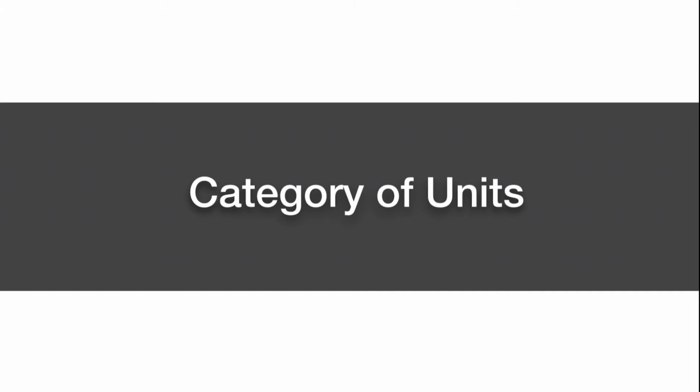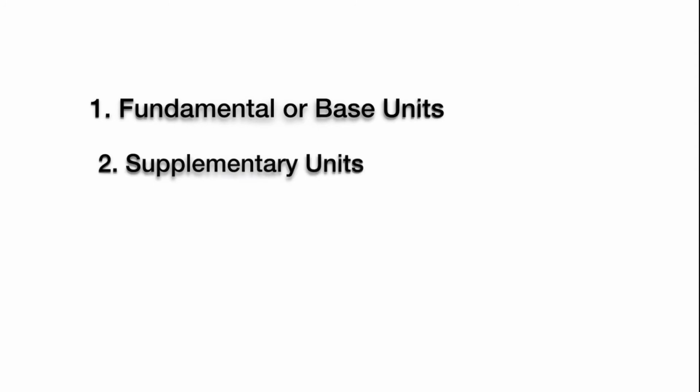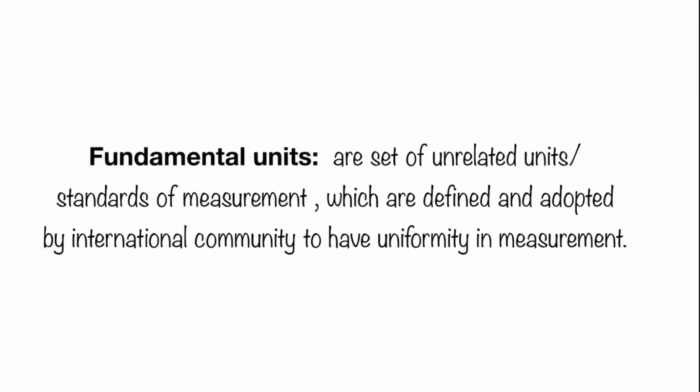We have categorized all the units of measurement in 3 categories: the fundamental or base units, supplementary units and derived units. Fundamental units are the set of unrelated units or standards of measurement which are defined and adopted by the international community to have uniformity in measurement.